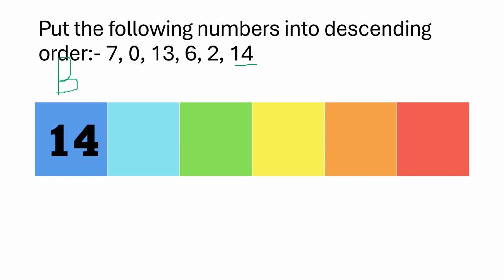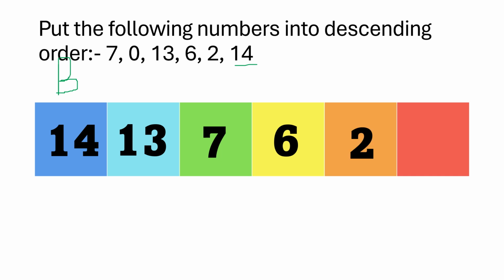So we will put 14 in the blue one, then 13, then 7, then 6, then 2, and our smallest number is 0. Wasn't this very easy? Now we have put the 0 over here. So the red color represents the smallest.